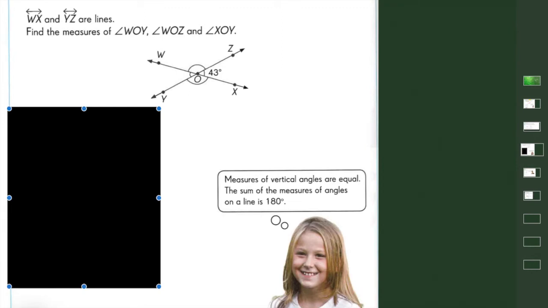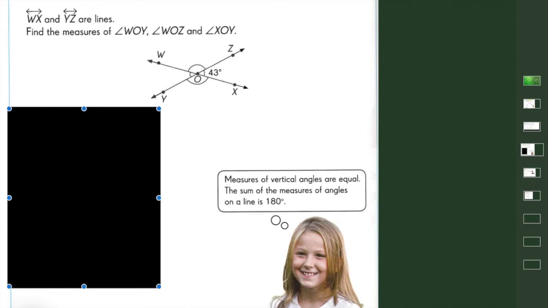So now that we know that vertical angles have equal measures, and we know angles on a line have to have a total measure of 180 degrees, we can use those two pieces of information now to help us find unknown measures of vertical angles.